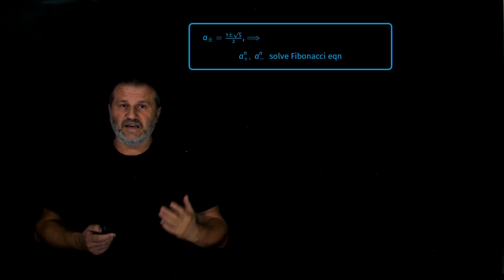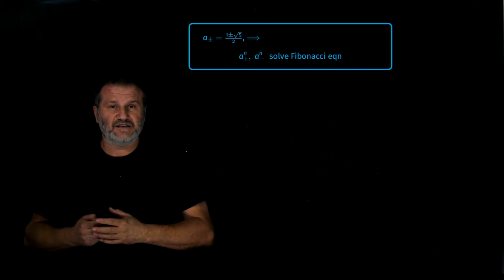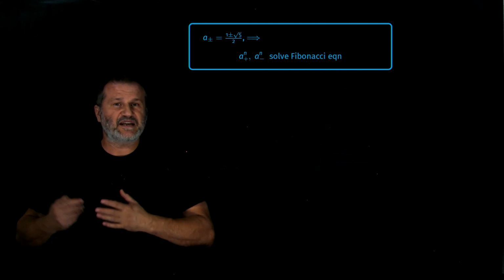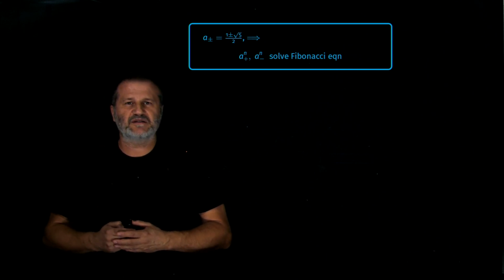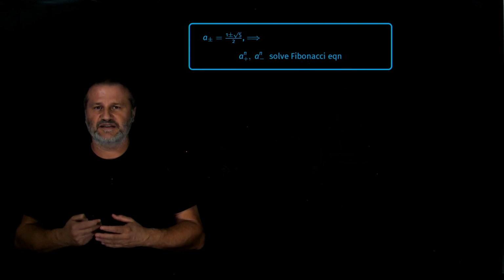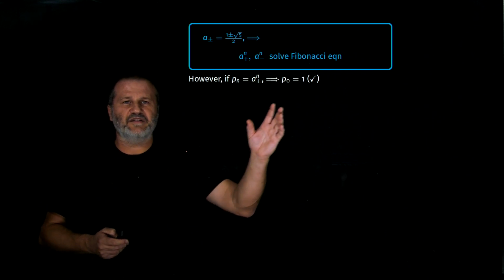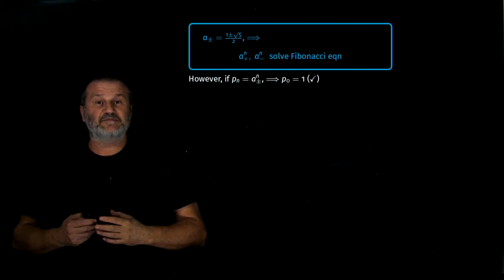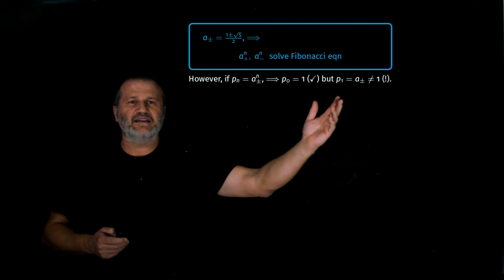We may wonder if one of these two represents the Fibonacci sequence representing the couples of rabbits according to the model we described at the beginning of this video. Unfortunately, the answer is negative, and this can be easily seen because even if for both you have that P0 is 1, you can see that P1 is not 1.